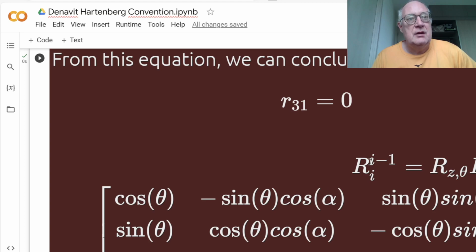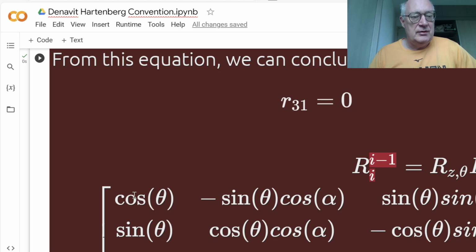So the relative orientation between frame I-1 and I can be described using a rotation around Z by an angle theta, followed by a rotation along X by some angle alpha.